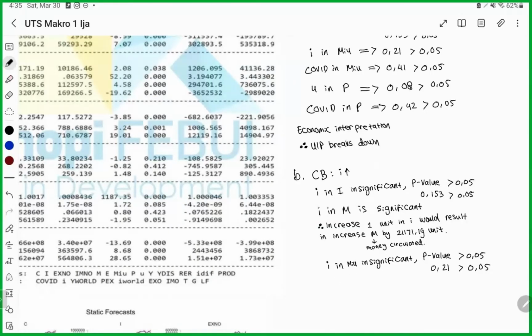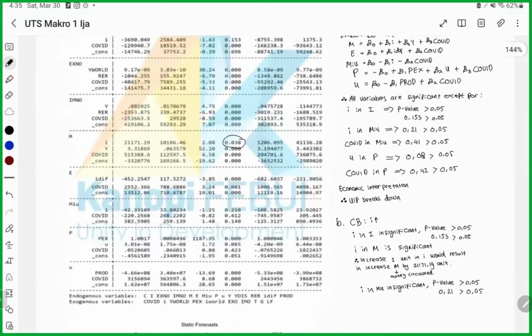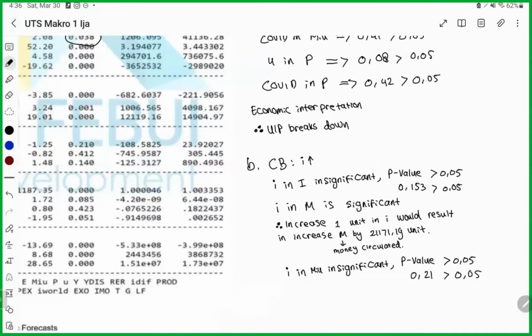So the thing that you should cover in point B is only interest rate in M, or money circulated. Interest rate in M is significant because, as you can see, it is lower than 0.05, or 5%. Because it is lower than 5%, this interest rate is significant throughout the money circulated model.